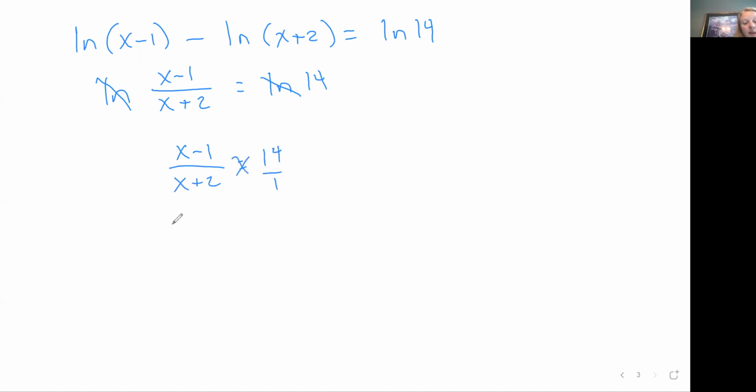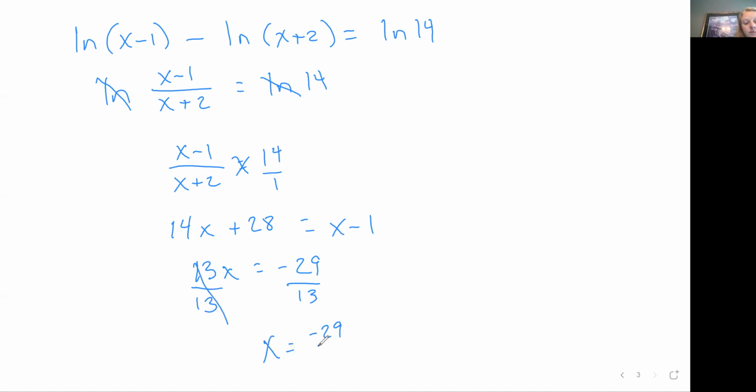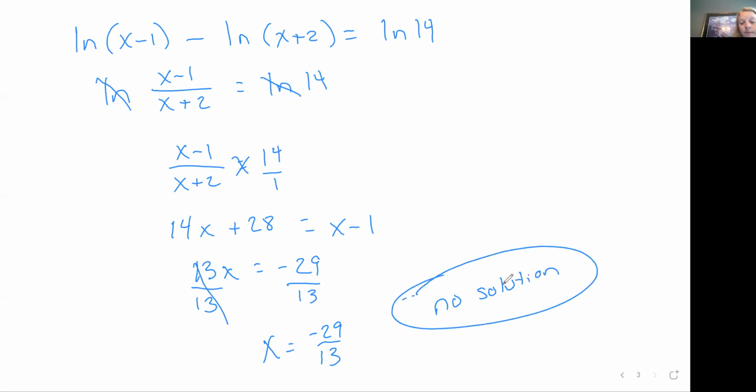We can cross multiply that. Subtract the x, then subtract the 28, and divide. Now when I plug that back in, it's going to give me a negative answer. So this one has no solution. We didn't mess up. There's just no solution for that one.